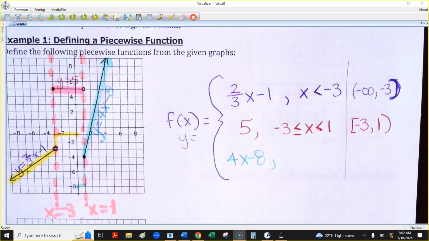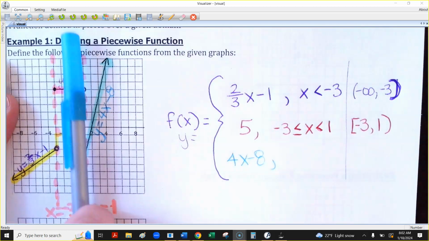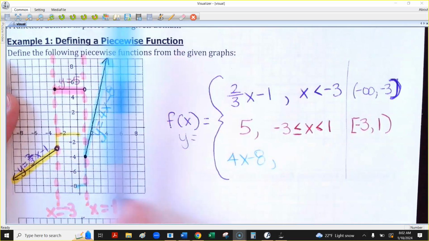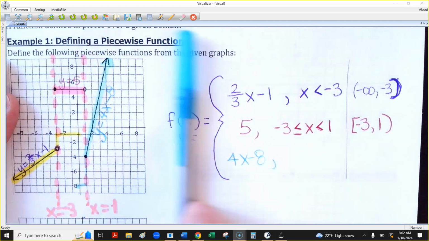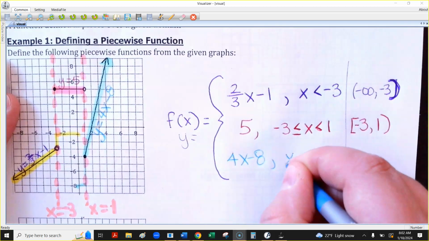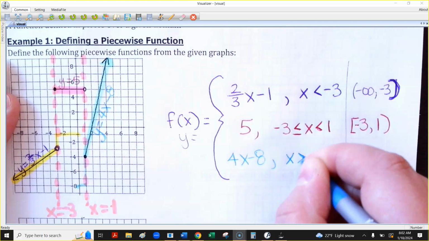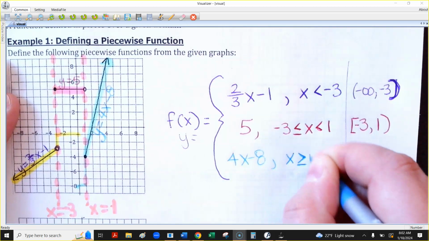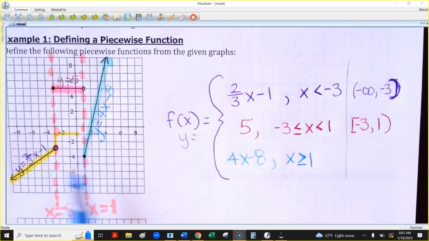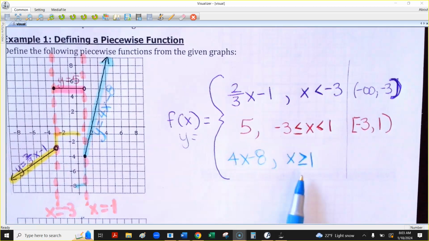Okay, now the last piece, we're only using it on the right side of where x equals 1. So all those x values are greater than 1. That's got a closed circle. So I would say x is greater than or equal to 1. Greater than goes to the right. If you're not sure, the inequality symbol, like this arrow, points to the right, so does that inequality symbol.